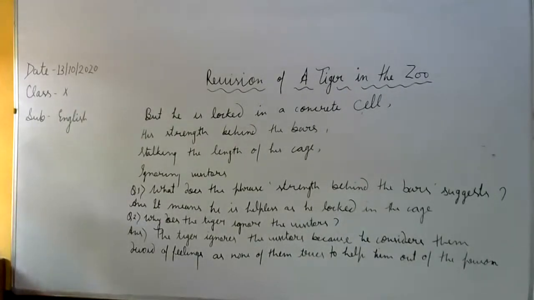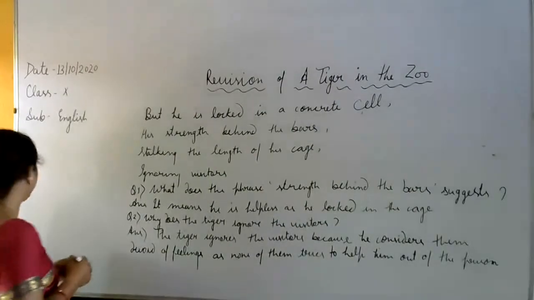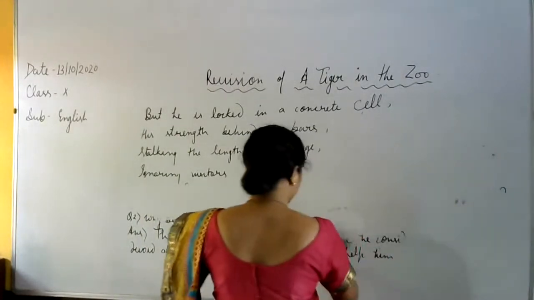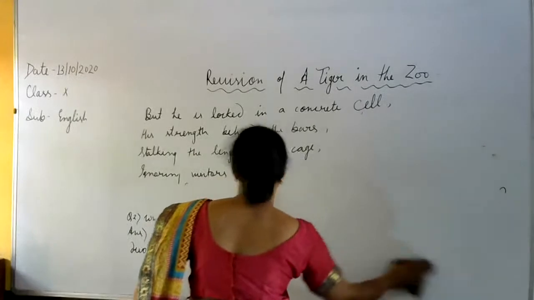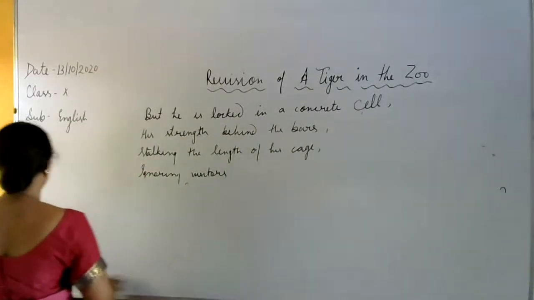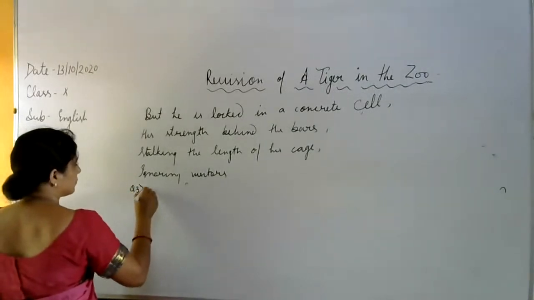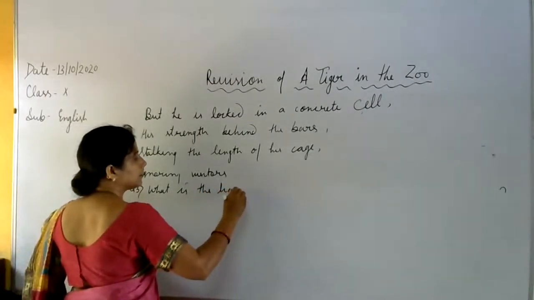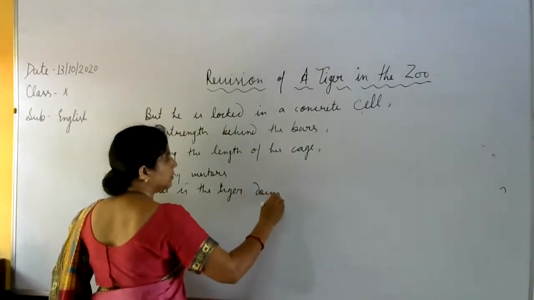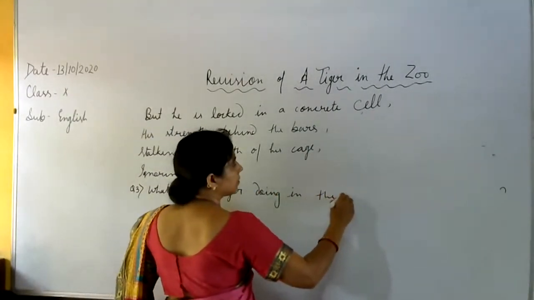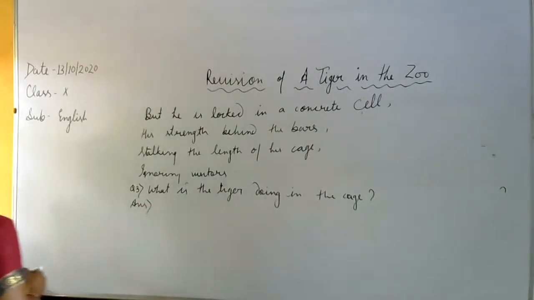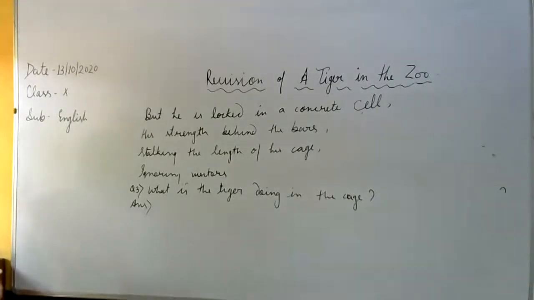Next question will be: what is the tiger doing in the cage? The tiger is moving slowly and quietly along the length of the cage.